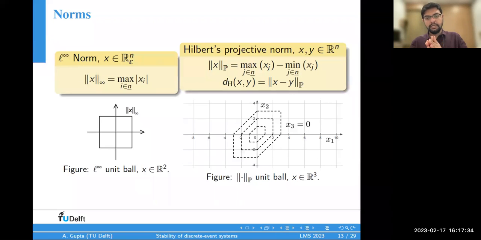Because it works on the projection, we are not looking at shrinking towards zero, but at distances between rays. So it is a sort of contraction property between rays, as opposed to between points in Rn for the L infinity norm.